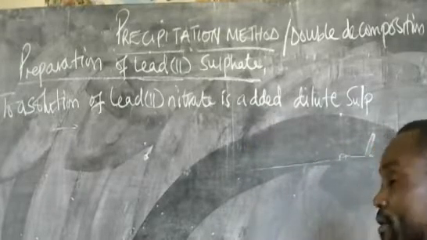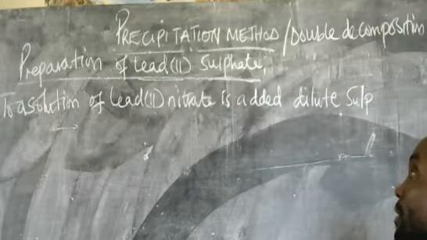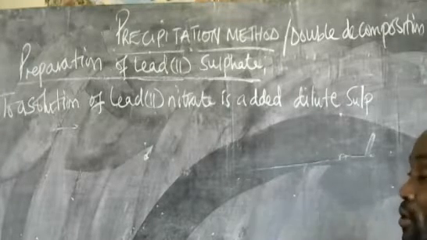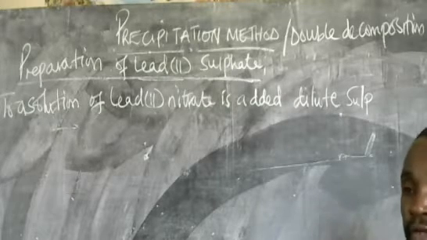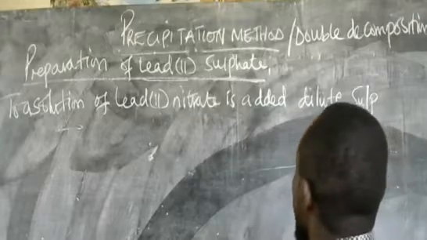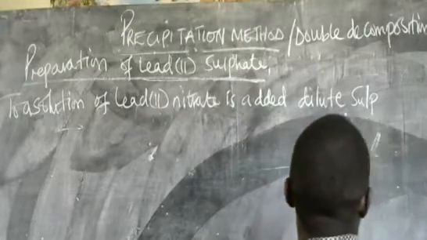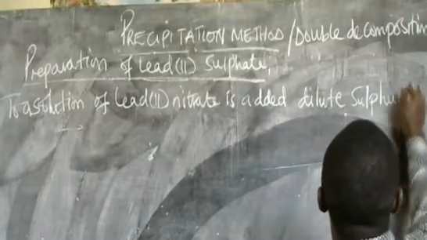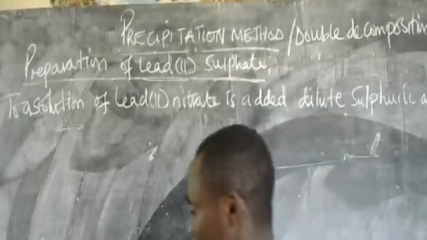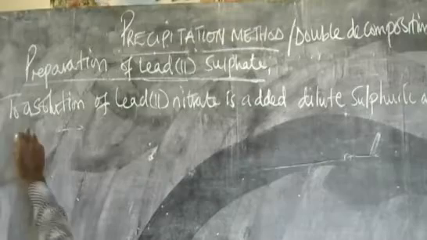And remember that they must be standard. So long as the solutions are highly concentrated, precipitates can easily come out. To the lead 2 nitrate, add the sulfuric acid. A white precipitate is formed.